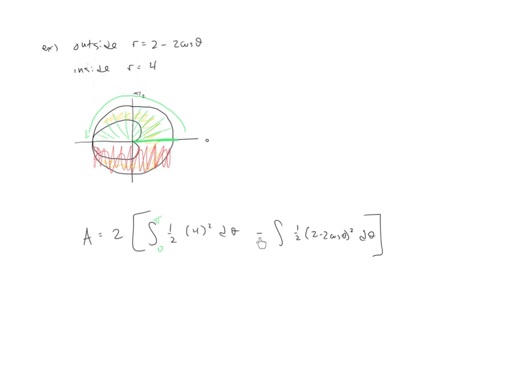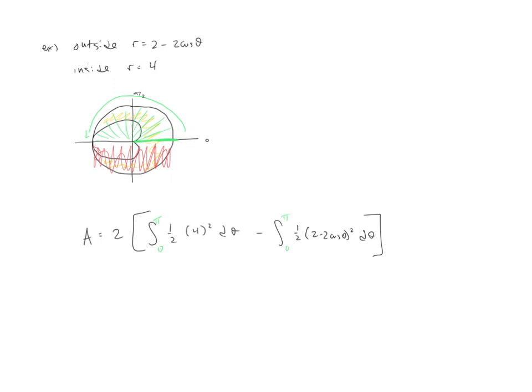Now I'm getting ready to subtract out the cardioid. So I'm going to subtract out this part right here. Well, how do I sweep that out? Much like this one, I would again have to start at 0 and sweep all the way around to pi in order to get rid of all of the part that I don't want. So that would also be 0 to pi.